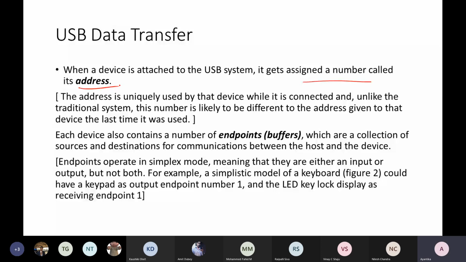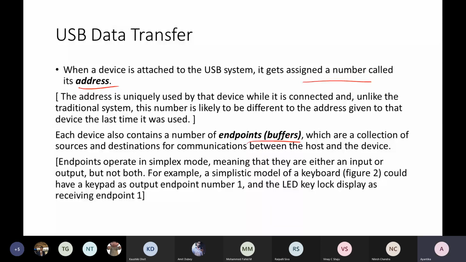Maybe some part of that device is actually communicating through the USB part. So each device contains a number of endpoints or buffers. These endpoints are mainly responsible, acting as the main source or destination when the data transfer is taking place.